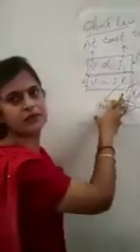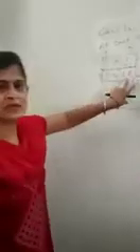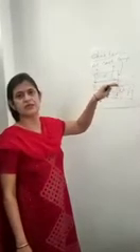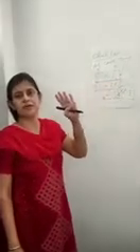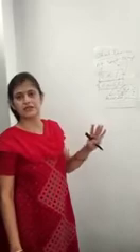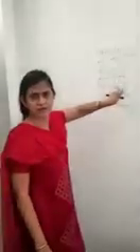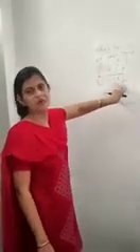Now what do you mean by resistance of the conductor? Resistance is the property of the conductor which resists the flow of electrons or electric current. That means resistance is the property of the conductor which opposes the flow of current.